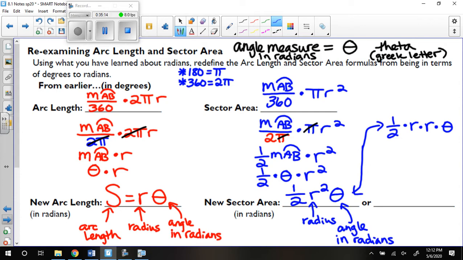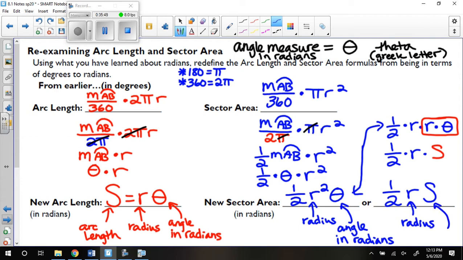My r theta is going to get replaced with my arc length formula over here. It says r theta is equal to s. So if I replace r theta with s, I have a new version of my sector area formula, which is going to be 1/2 times your radius times your arc length. Radius, arc length. Here, I can't fit arc length, hold on.